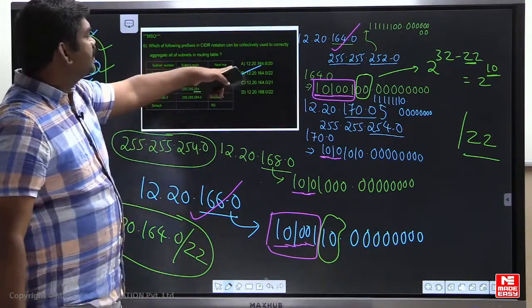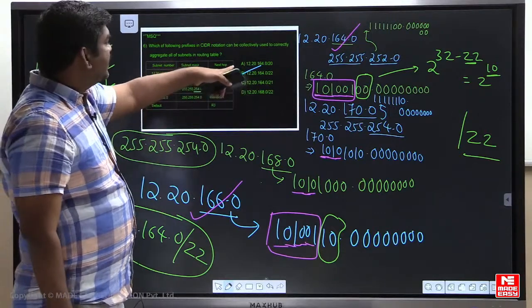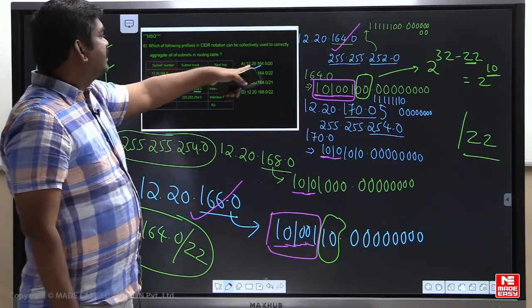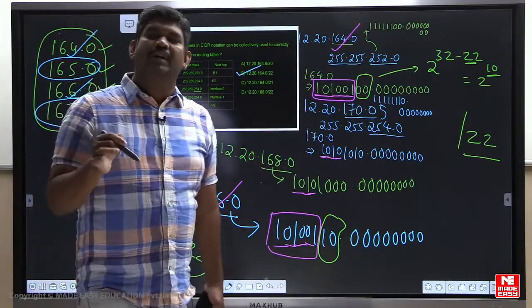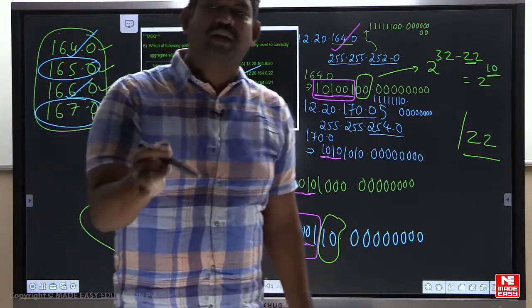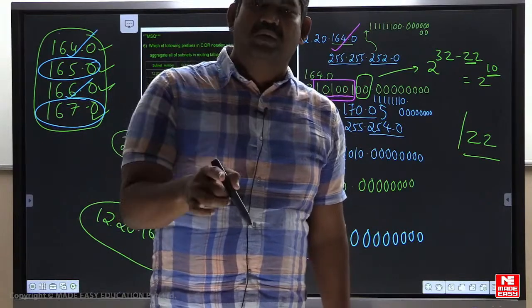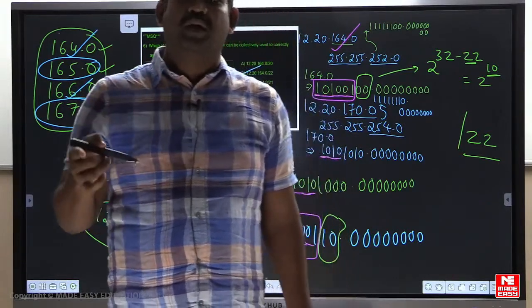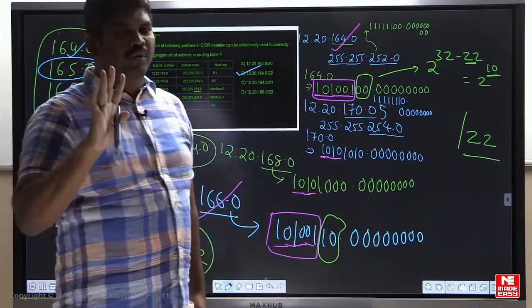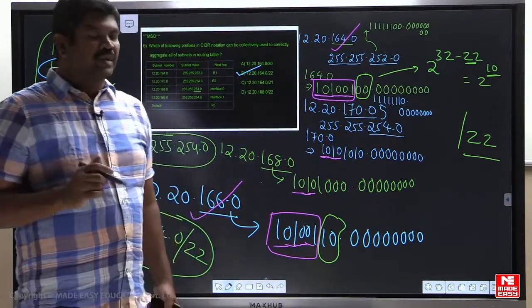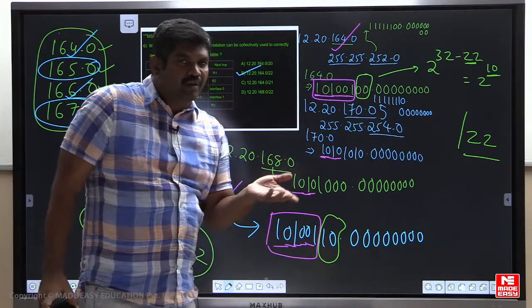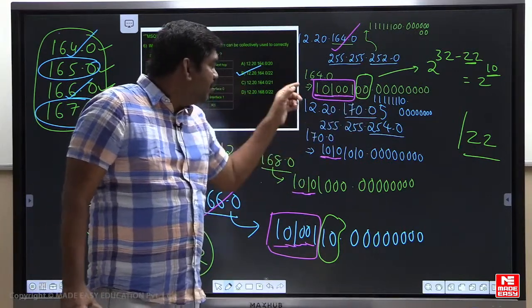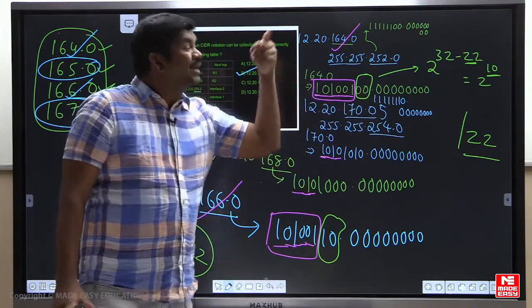So why not option A, you can ask. See, if I take 164 in option A, you can see the mask is /20. /20 means 2 power 32 minus 20, which is 2 power 12, which is 2 power 4 into 2 power 8. 2 power 4 means 4 bits become the prefix actually. That means here you should have 4 zeros. So you know the rule: when we have the 4 zeros here, 10, 10, 4 zeros, it becomes 160.